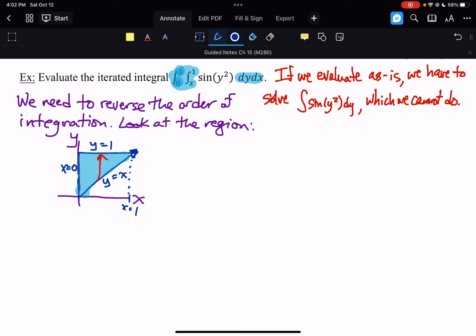If we want to switch the bounds, we need to revamp this region. We need to reframe this horizontally instead.